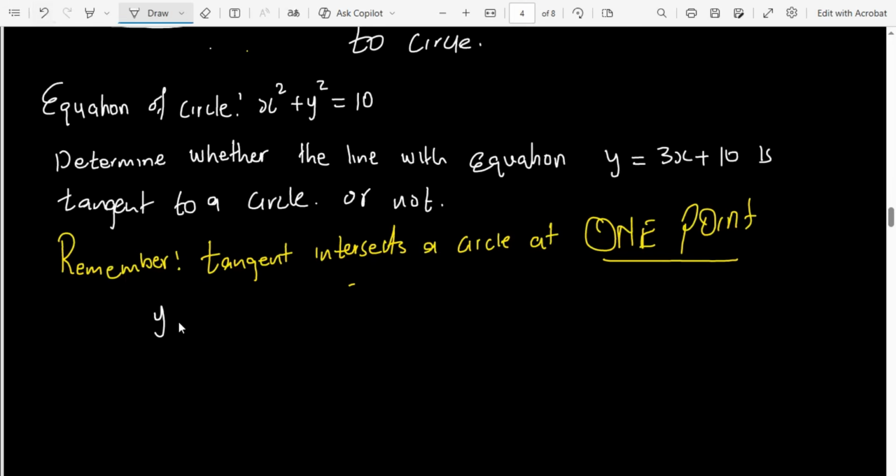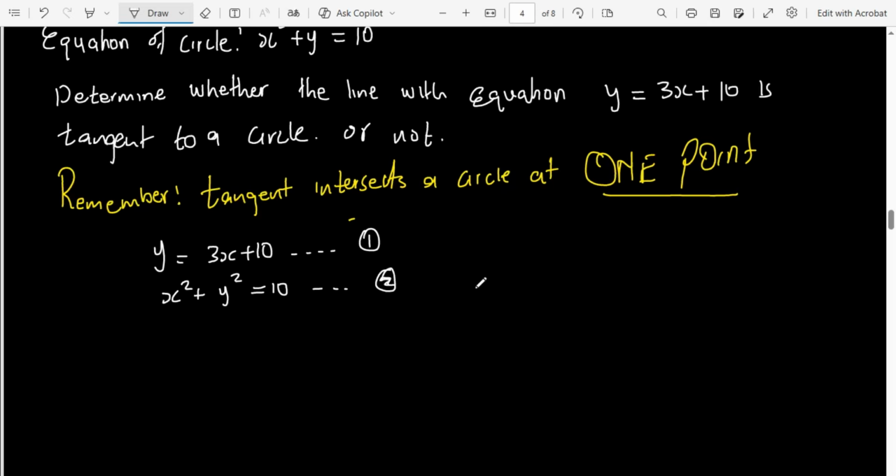We need to solve these using simultaneous equations to determine how many solutions we get. If we get 2 solutions, that's not a tangent. But if we get 1 solution, it's a tangent.